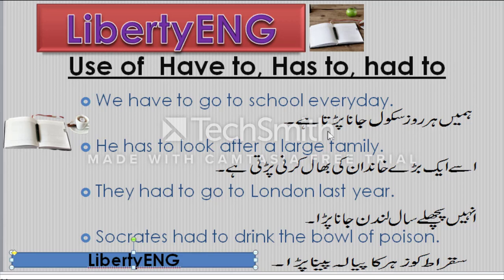These sentences show present and past tense. The first two sentences are present tenses, while the last two sentences are past. Because we have to go to school every day, this sentence shows this is a present tense, and he has to look after a large family, this sentence also shows present tense.